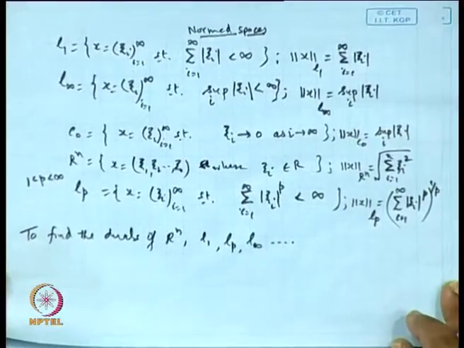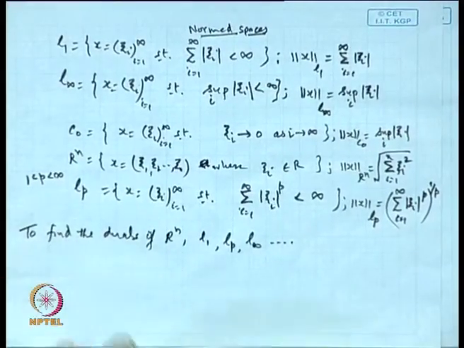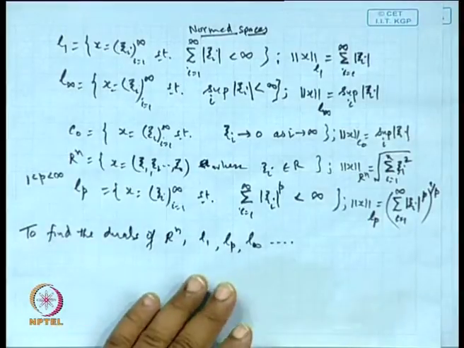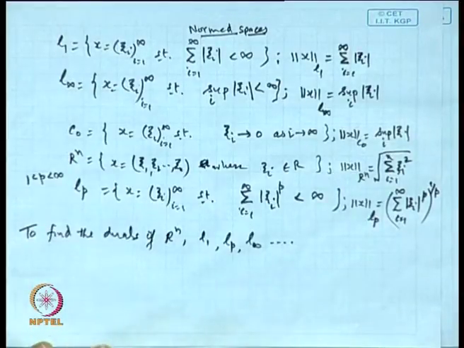The dual of L1, the dual of Rn. In fact, this is a general practice. Whenever we define any space, a collection of points together with certain operations, addition, multiplication, and the norm, as soon as we get a norm space, we try to find its dual.